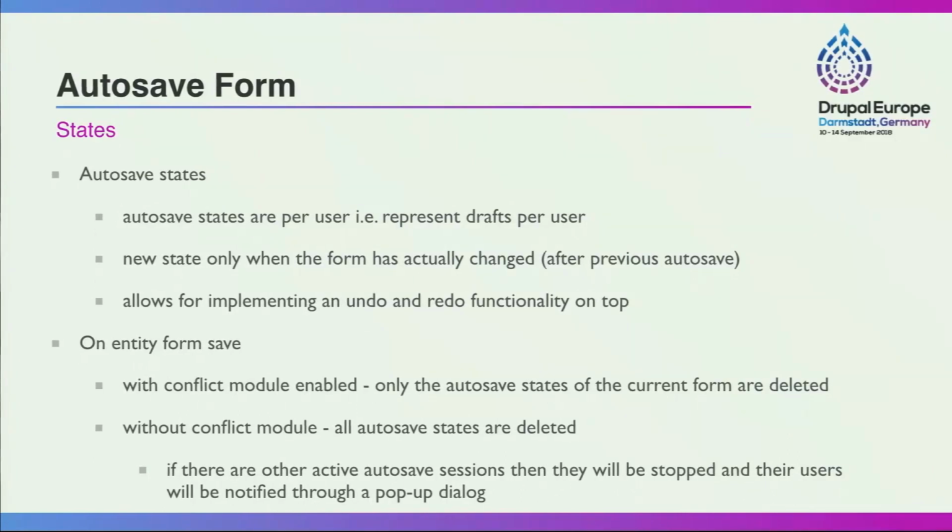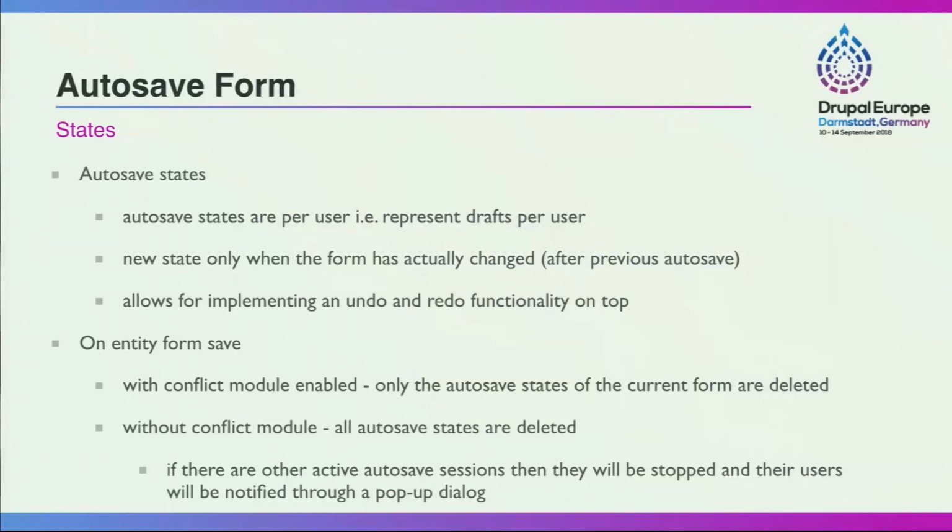When an autosave submission is triggered, we don't always create a new autosave state. We create a new autosave state only in case there have been changes made compared with the previous autosave state. This makes it possible to implement a backward functionality on top of the autosave module.